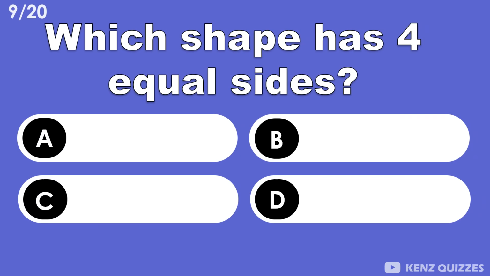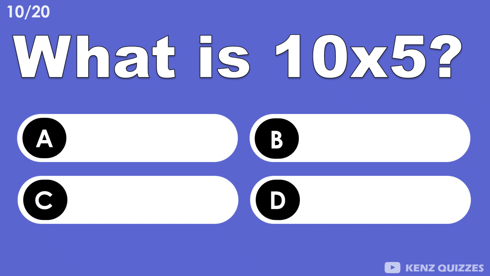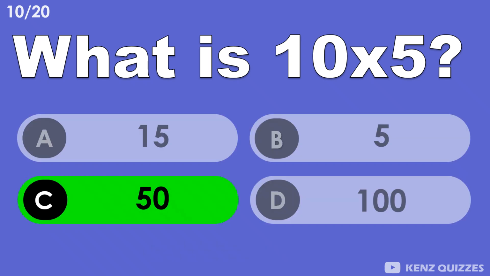240. Which shape has 4 equal sides? Square. What is 10 times 5? 50.